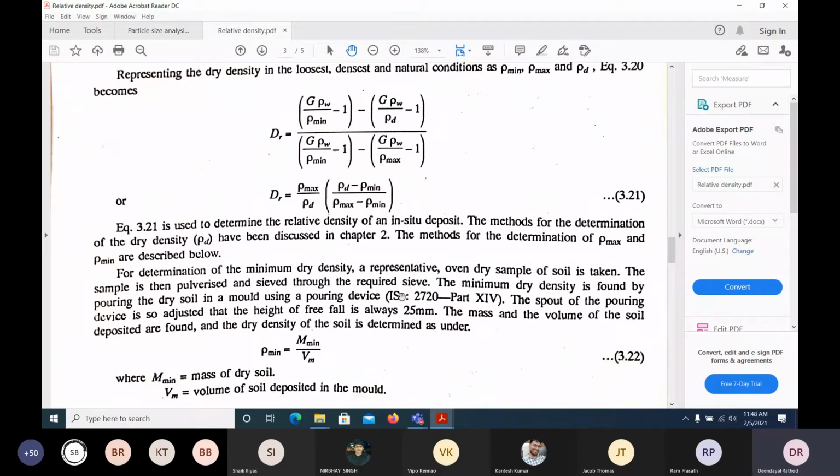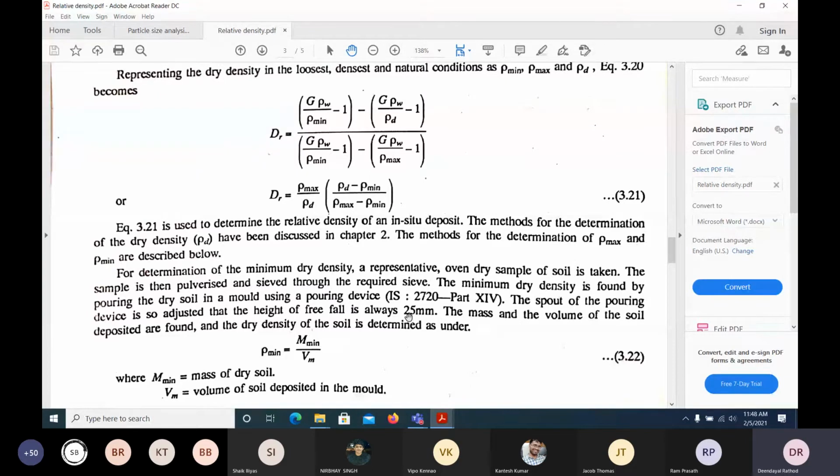So what we'll do is, with a height of 25 mm, that means 2.5 centimeter, we slowly pour this sand. Understand? We slowly, by using a conical device, try to pour the sand. Then that particular sand would be in a loose state.